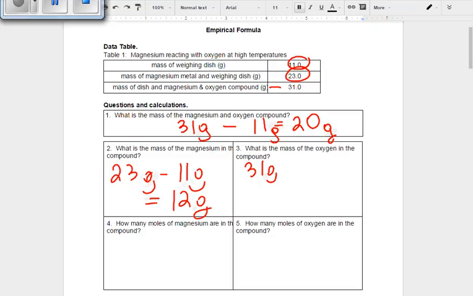We then can subtract the mass of magnesium and the dish from this total, and that will give us just the oxygen itself. So these questions just ask you to manipulate the information that's provided to you in a data table. That's 6, 7, and 8 grams.